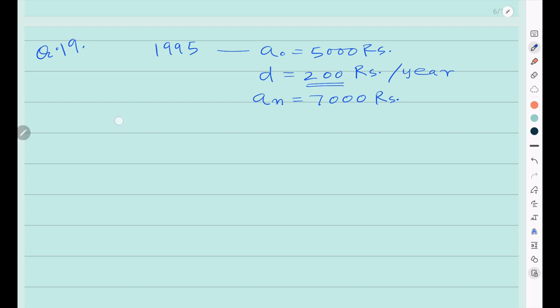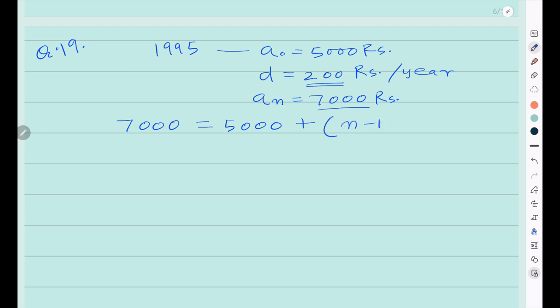His salary is an AP, so this is what it becomes after n years. Let us assume that his salary becomes 7,000 after n years, and n is what we need to find. What was the starting salary, or the first term of the AP? 5,000.